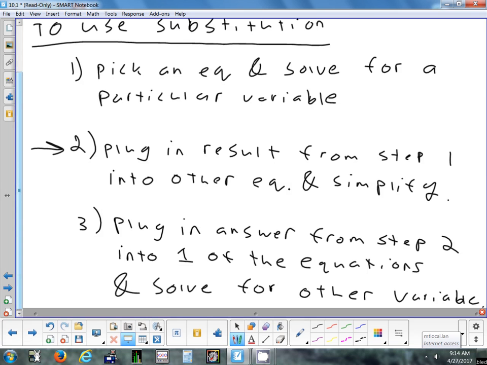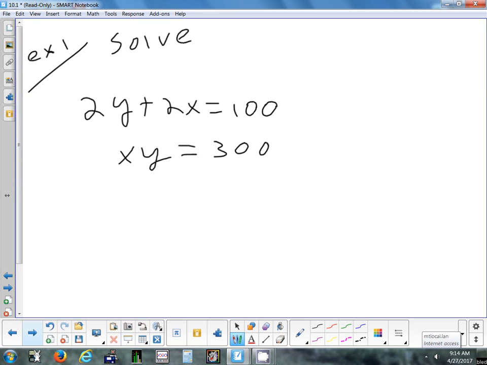All right, so let's go back and look at the area and perimeter problem. This is the exact same problem. The only thing I did is I changed it to x's and y's to solve. Okay, but we have 2y plus 2x equals 100, and x times y equals 300.